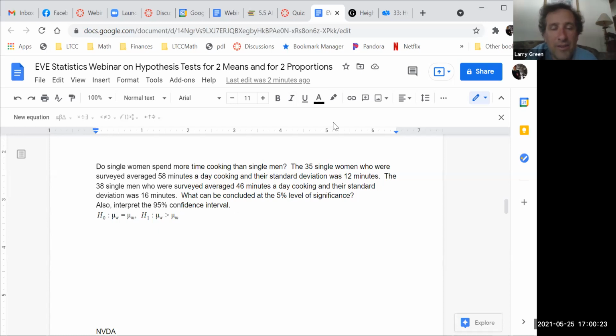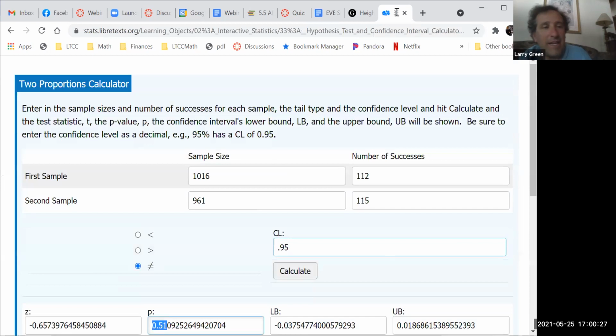Now that we have our hypotheses, can I use this calculator, the two proportions calculator? Will that work?